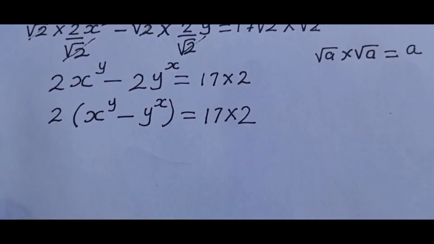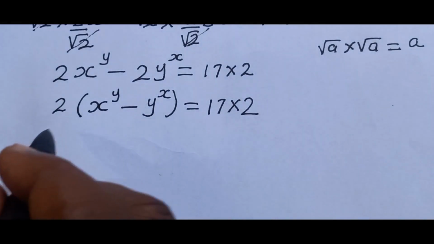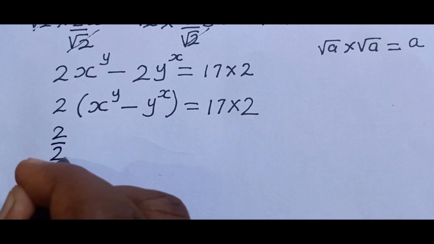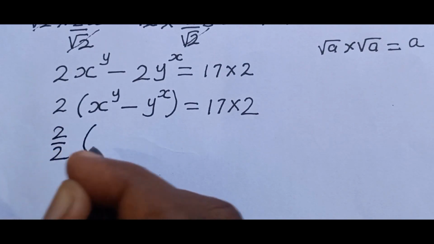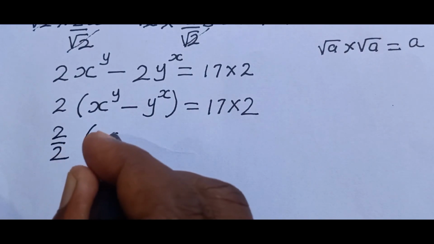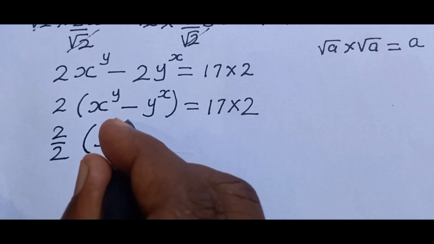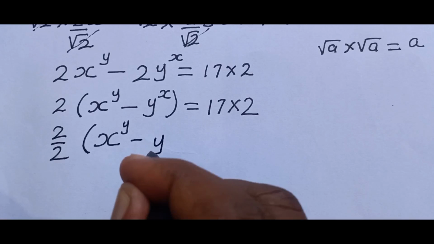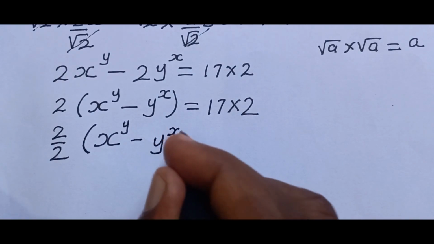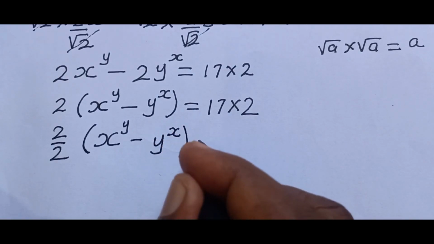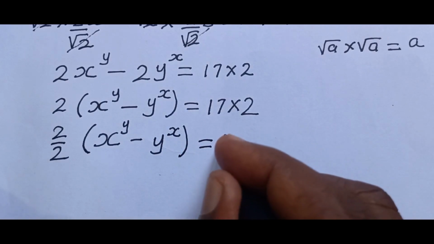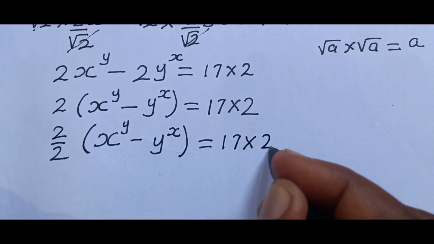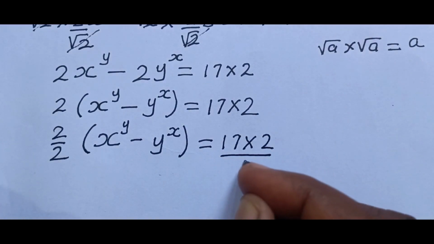Divided by 2 both sides. We have 2 divided by 2 in the bracket x raised to power y minus y raised to power x in the bracket equals to 17 times 2 over 2.